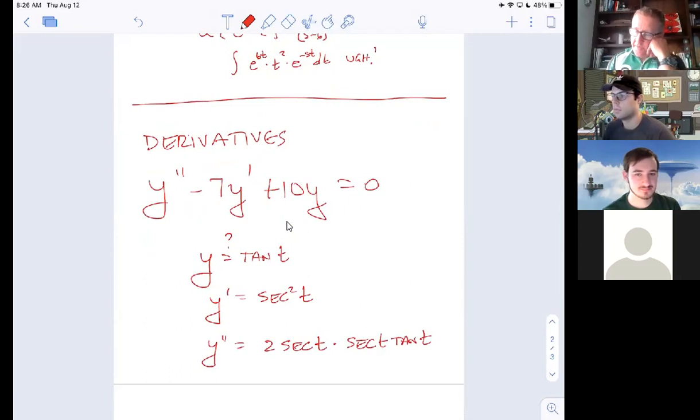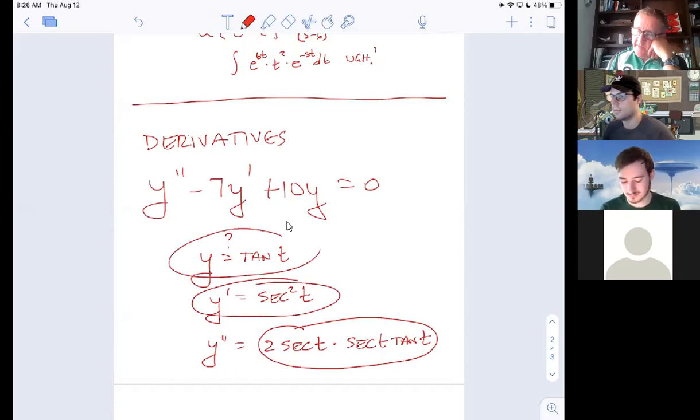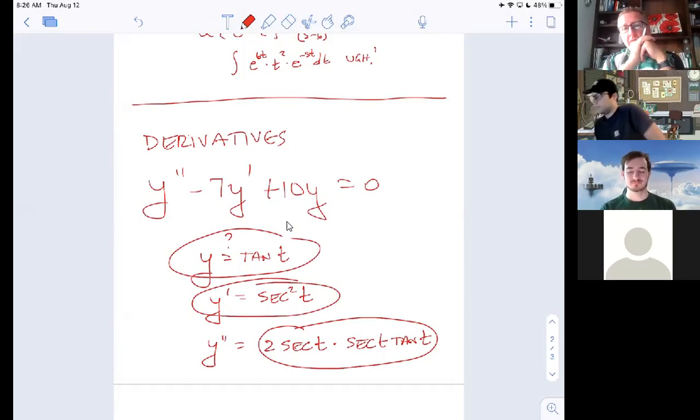I mean, that formula up there says basically you have this, which is secant squared tangent, and then you're going to subtract 7 of these and add 10 of these. You're not going to be able to add them because they're not like terms. And so whatever this mysterious function y is, remember y is a function of t, it's probably not tangent. So we said, well, e would be a great choice, right?